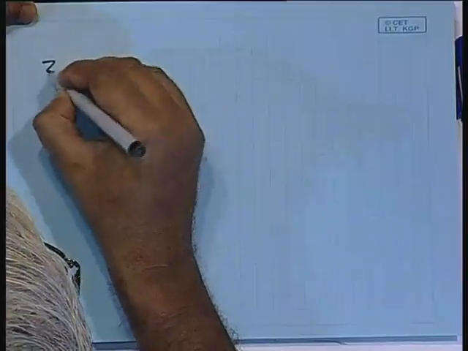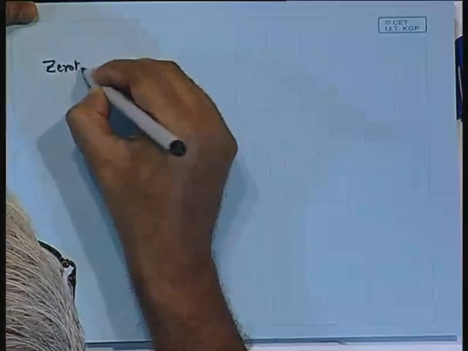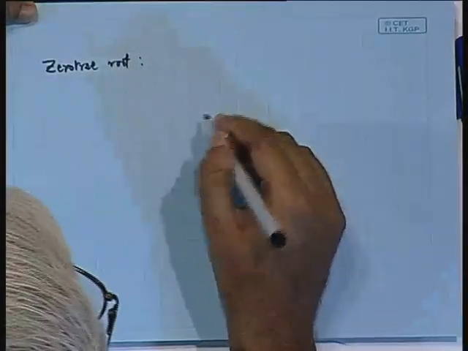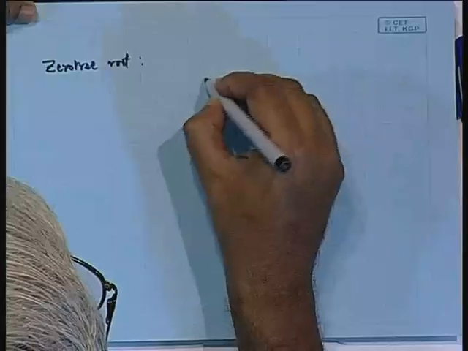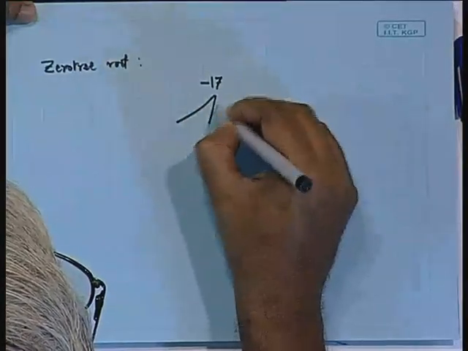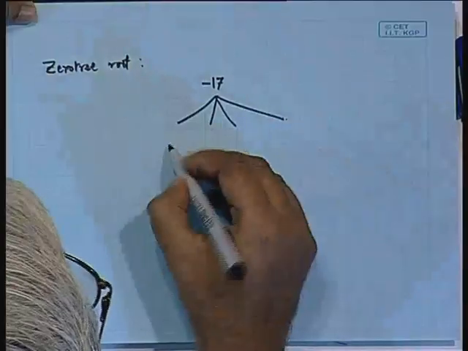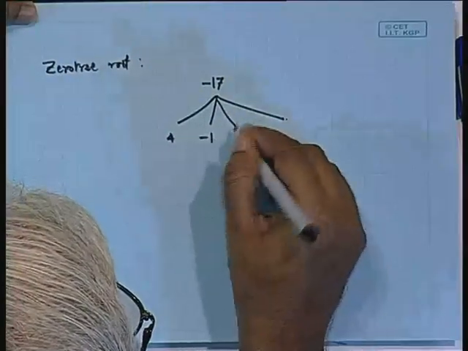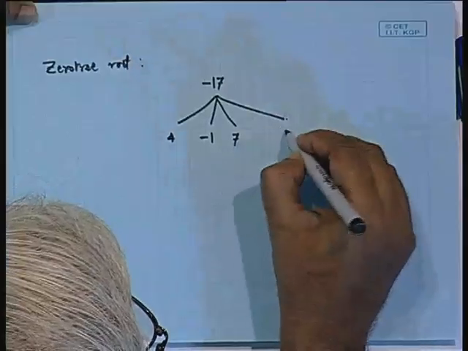Now, what is the essential philosophy behind this? As I was telling you, what is after all a zero tree root? Just a very small example. Supposing I find that this coefficient value is, let us say, minus 17, and its descendants are 4, minus 1, 7, 6.